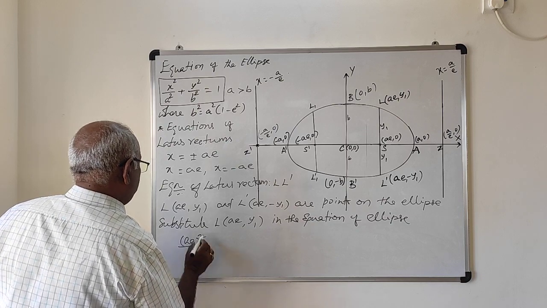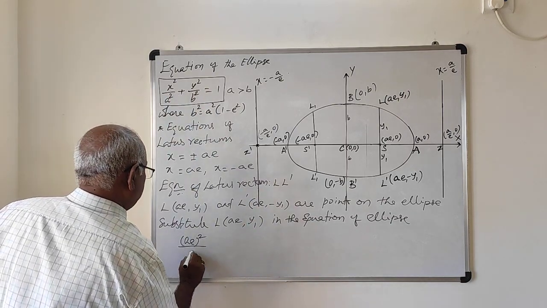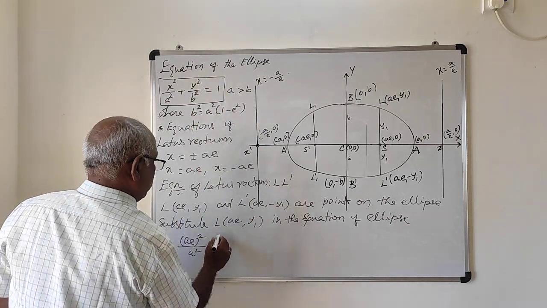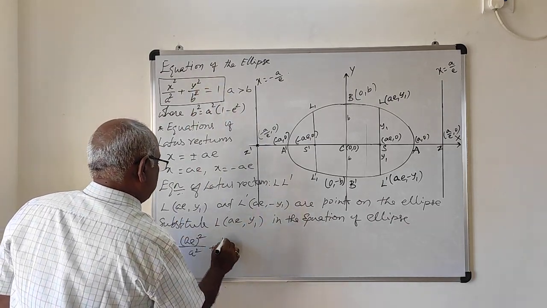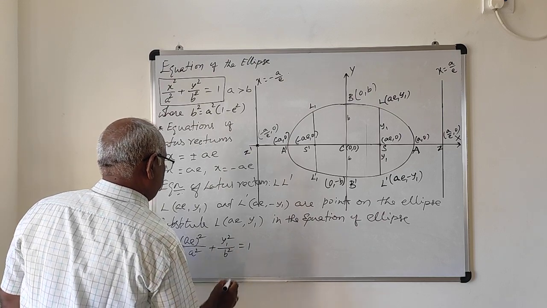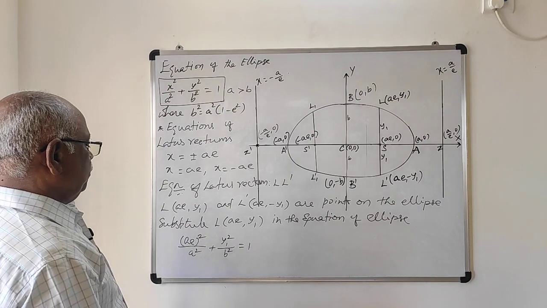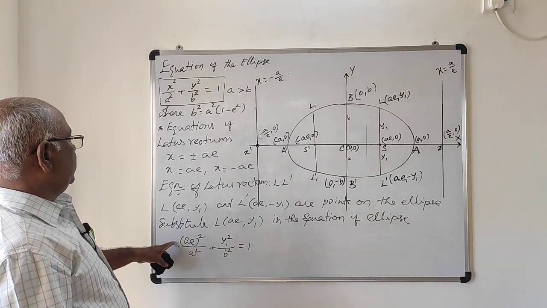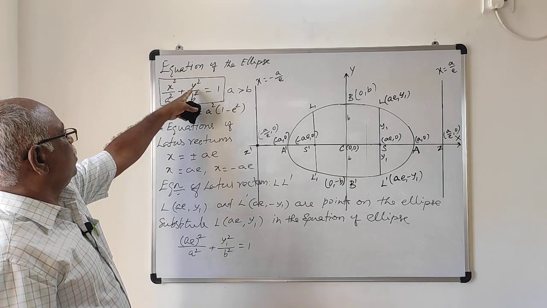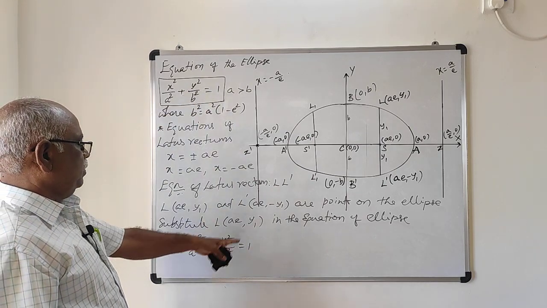AE whole square by A square plus, instead of y you substitute y1, that is y1 square by B square equal to 1. You substitute x as AE, therefore AE whole square by A square plus y1 square by B square equal to 1.